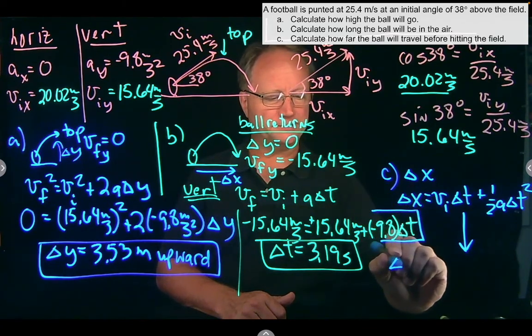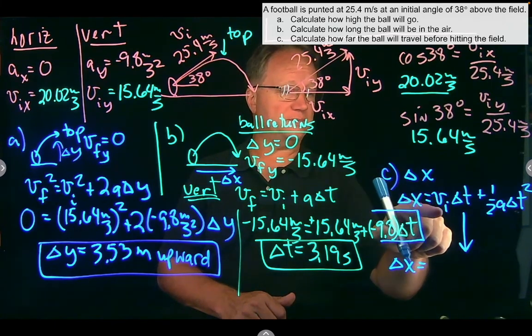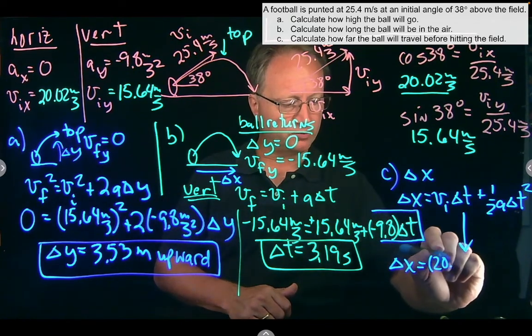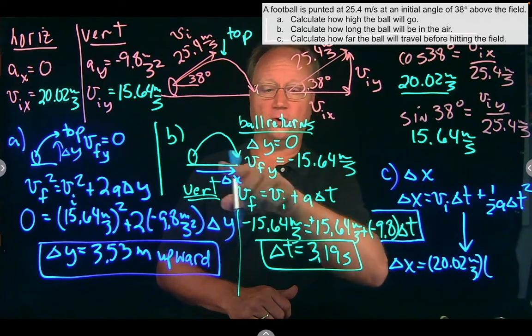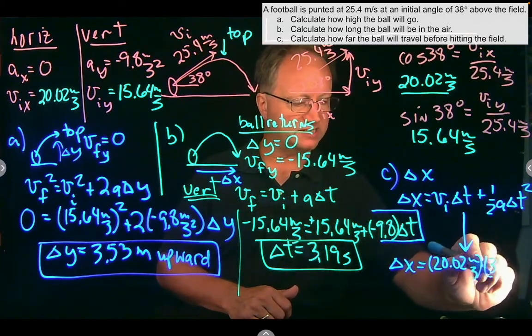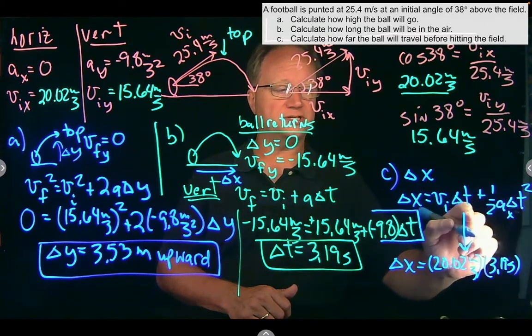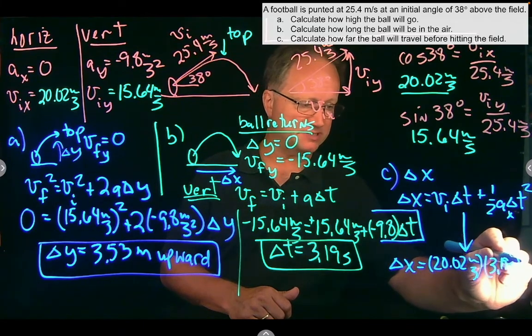This is going to be delta x is equal to VI. This would only be horizontal, so that's going to be our 20.02 meters per second. Our time period for the whole interval, 3.19 seconds. The horizontal acceleration is 0. 1/2 a delta t squared multiplied by 0 gives us 0.